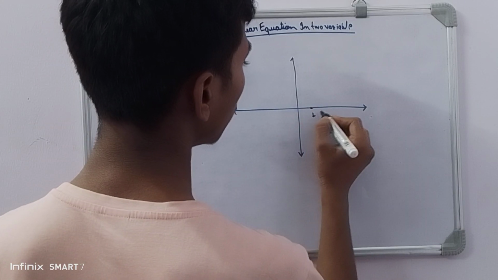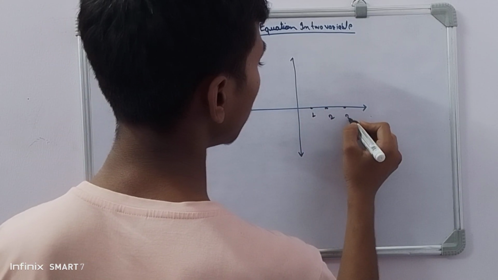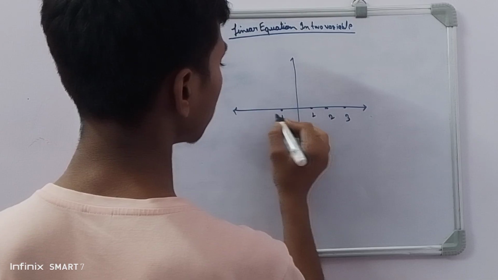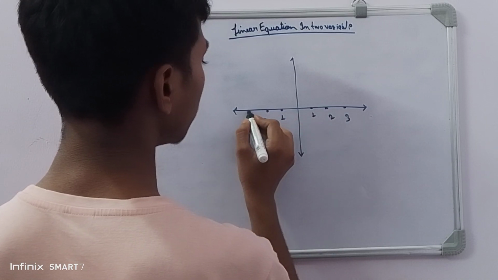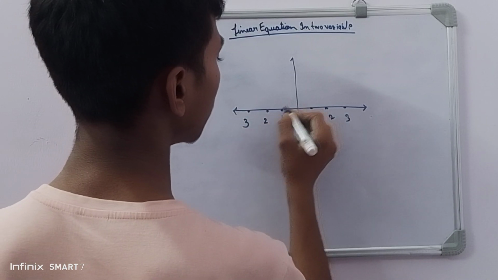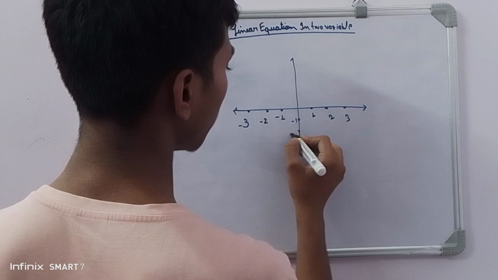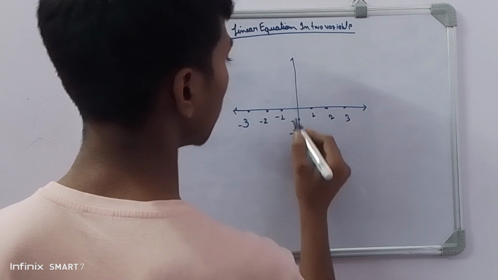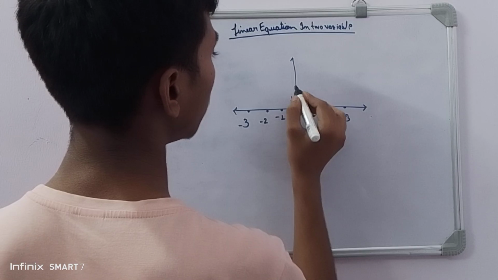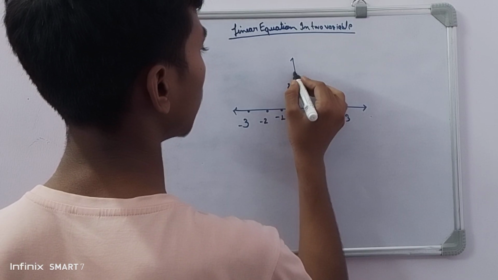So this one is 1, 2 and 3, and on this side also 1, 2 and 3, but in the minus direction. So here we also get minus 1, minus 2 and minus 3, and here we get 1, here 2 and here 3.